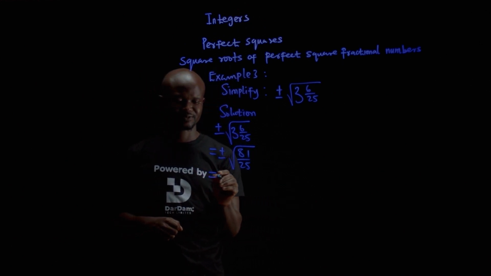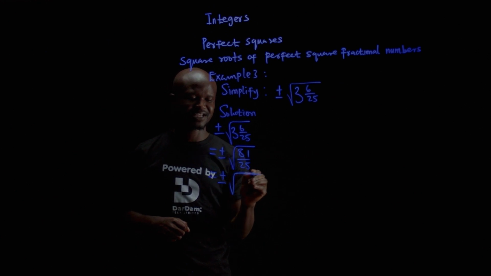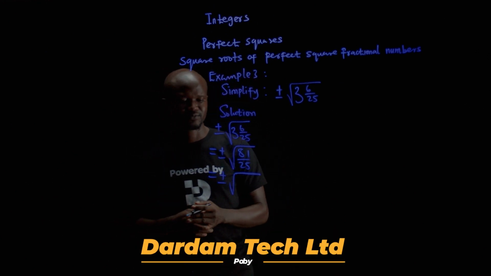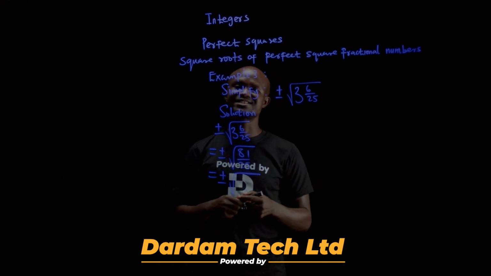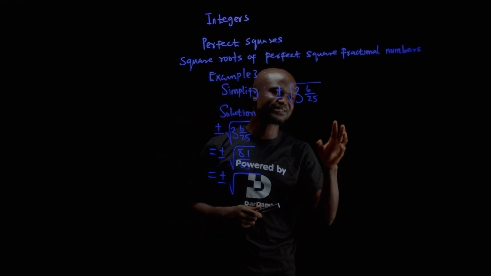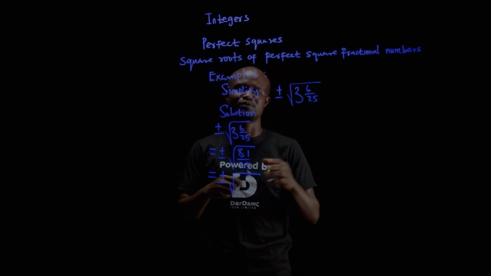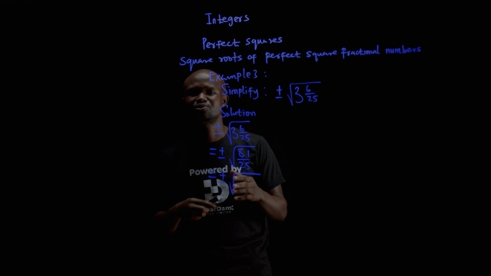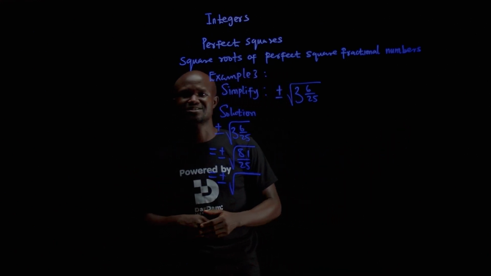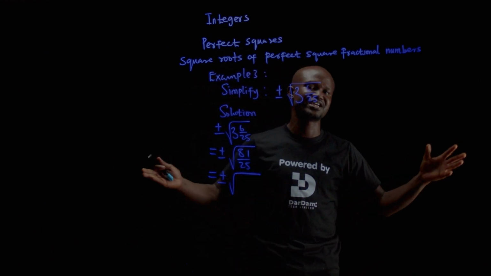Now, since we have small numbers as our numerator and denominator, we don't need the rule of divisibility. The rule of divisibility is for bigger numbers. When you have a very large number, you use it to get the constituent perfect squares in that big number.